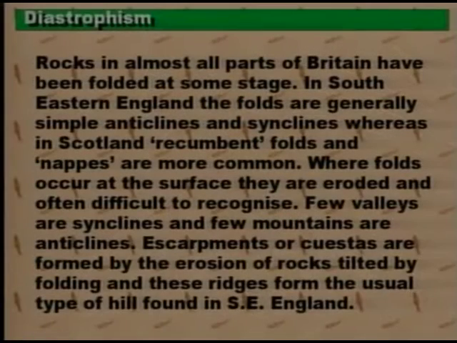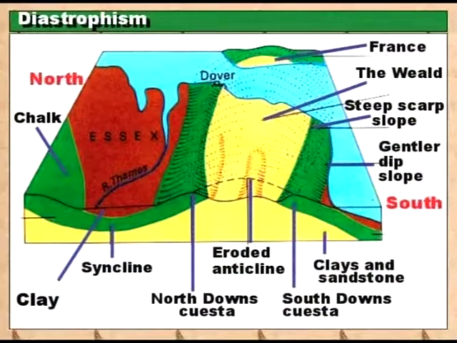Escarpments, or cuestas, from what we have covered in our skills work, are formed by the erosion of rocks tilted by folding, and these ridges form the usual type of hill found mainly in southeast England. So with that introduction, we now come to a map of England.